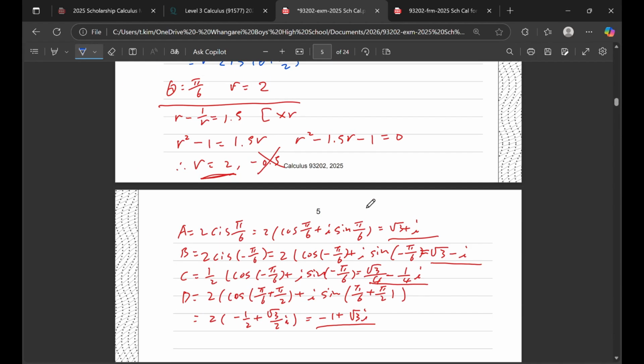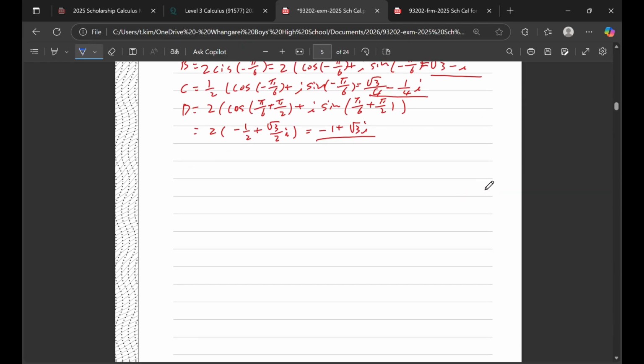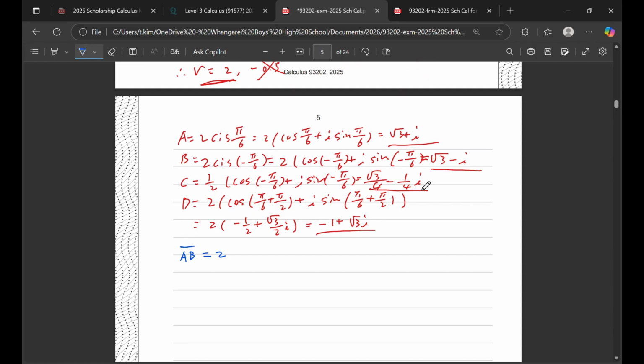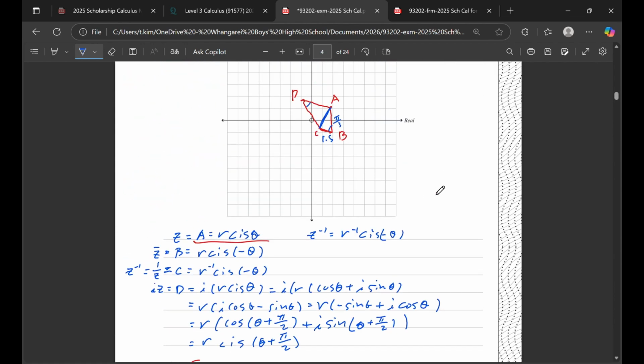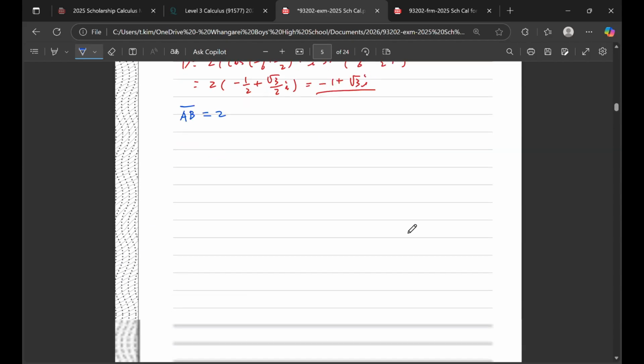Okay, so it is a tedious question. First of all, line AB is 2. How do I know? That's right there, because this is i and this is minus i, right? So add up to 2. And then BC is given, which is 1.5.